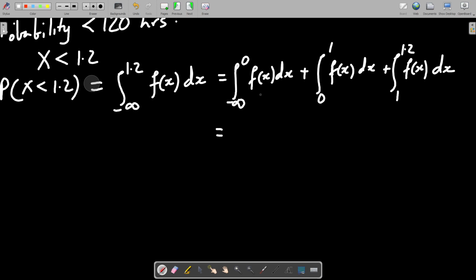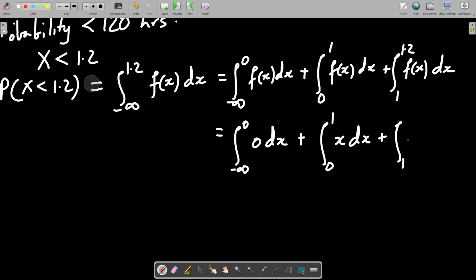So what is the value of the function between minus infinity till 0? It becomes integral minus infinity to 0 of 0. Here it becomes 0 to 1 integral of x. Now we have already done this, so I'll write down directly here. What is integral of this?